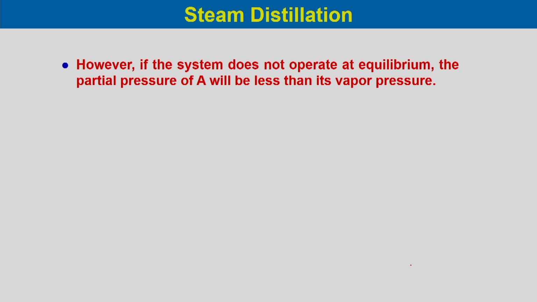However, if the system does not operate at equilibrium, the partial pressure of A will be less than its vapor pressure.